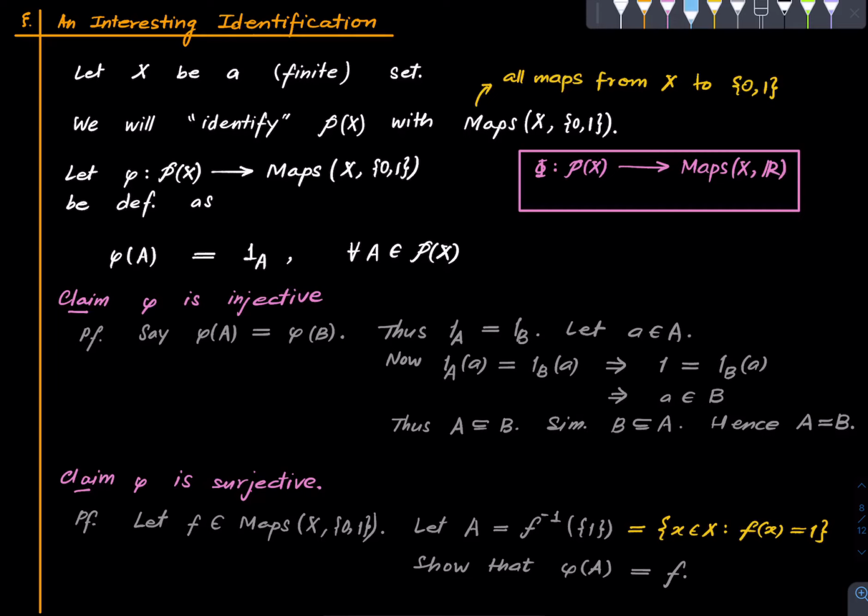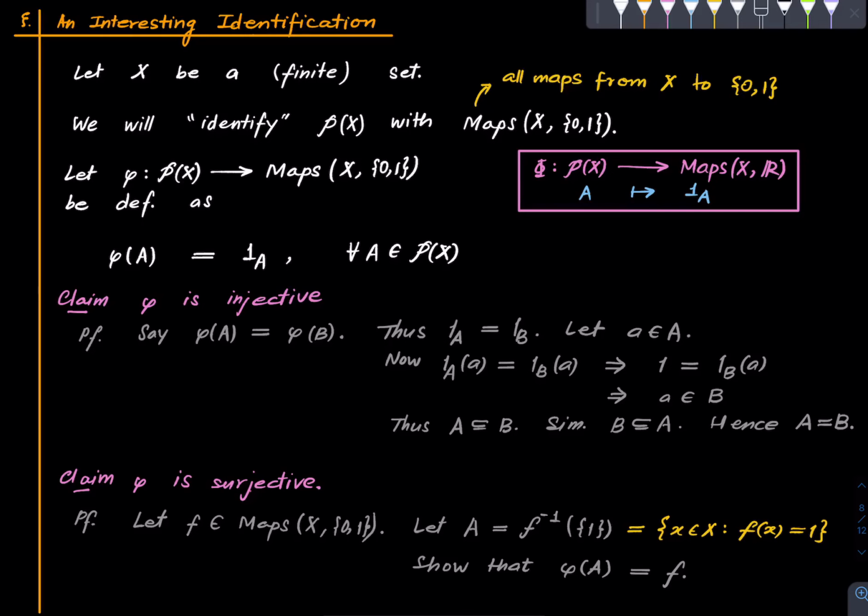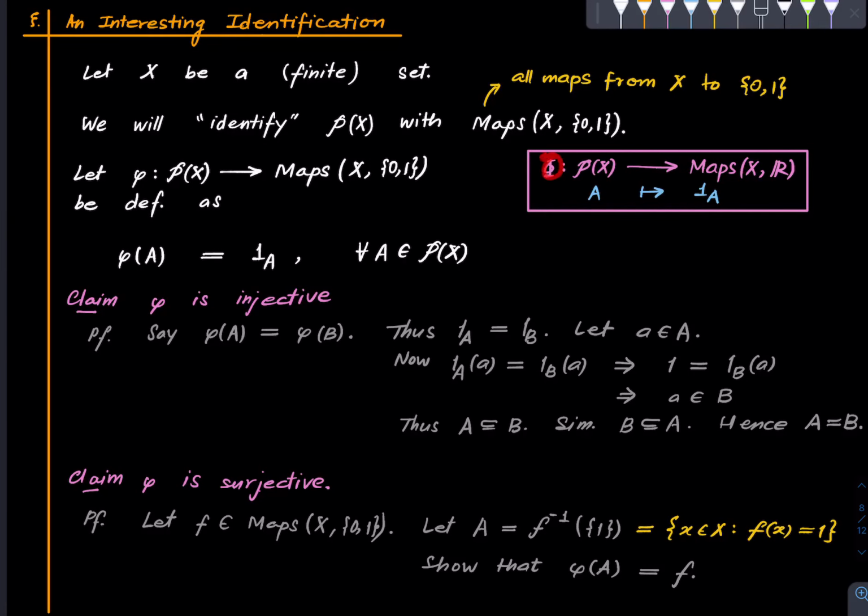The map just takes A to the indicator of A, but this time when we write indicator, it is valued in R. I mean, the target is R, not {0, 1}. Okay, and this is not a bijection, of course. This will not be a bijection in general, especially when X is finite. This is certainly not going to be a bijection. But this is at the very least injective. So this map is an injection and the proof is the same.